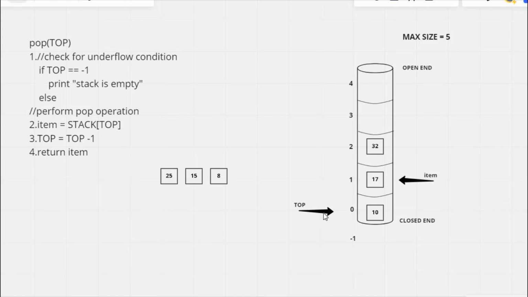As soon as you decrement the top value, the previous values will have no meaning to your program. Your top might be pointing to this location as well. Here in this diagram, you might think that these two locations are empty, but that is not the case. Some garbage value will always be present in the memory locations, but those values have no meaning to your program. And it is as good as these locations are completely empty.